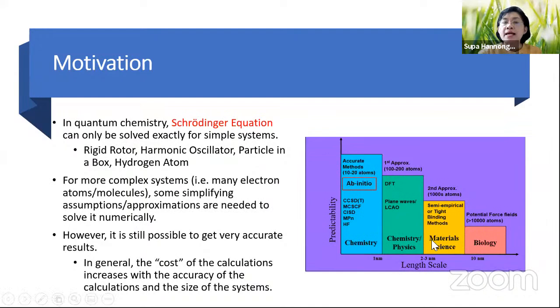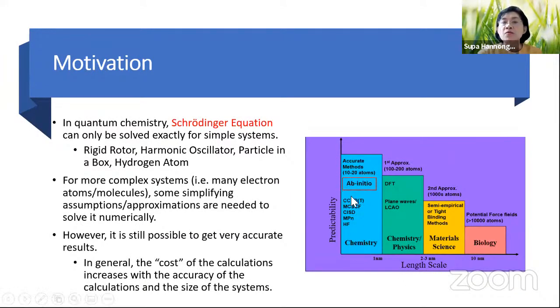And right now we come to the smaller systems, especially in the chemistry part, where we look for accurate methods and the atoms may be not many, just 10 or 20. Or if we have high computer facilities, we can increase the number of atoms. So we call it ab initio, okay?